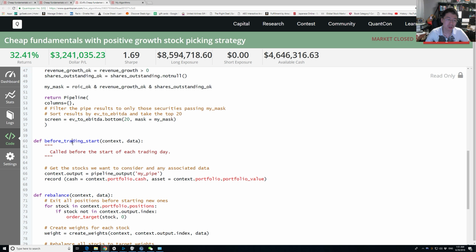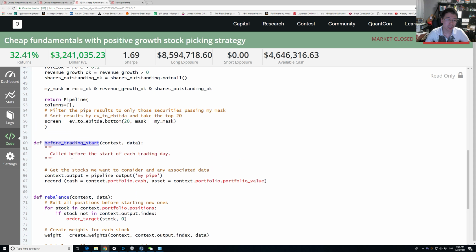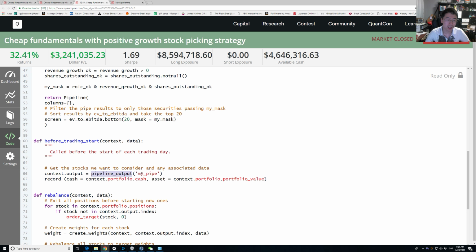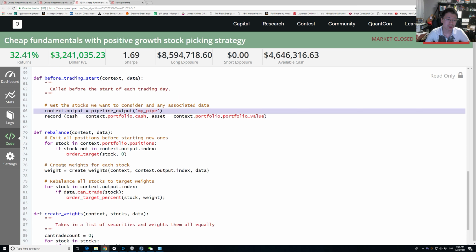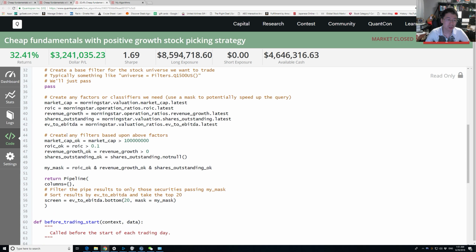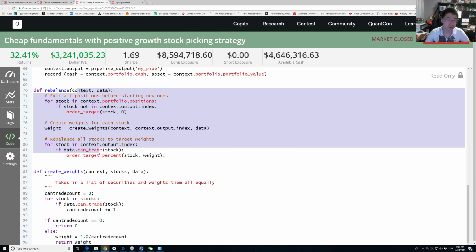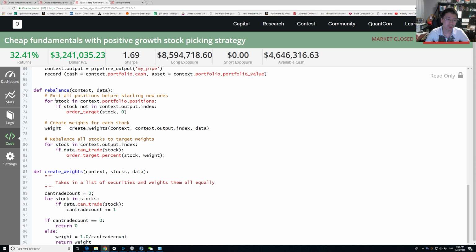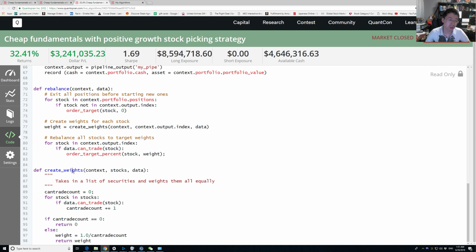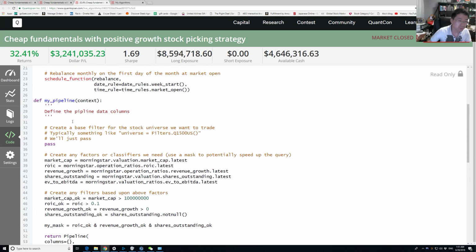So before trading starts, this gets run, and the output of the pipeline goes into this context.output variable, and then because of this function, we run the rebalance. And within the rebalance, it actually uses like create weights and whatnot. But that's essentially what it does.